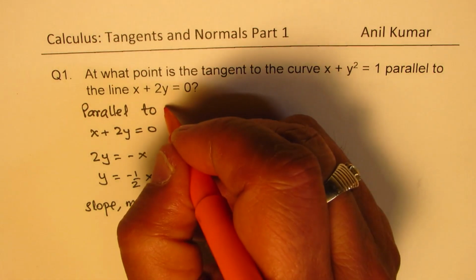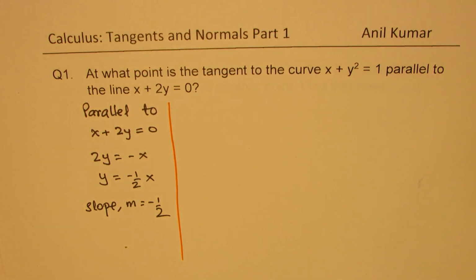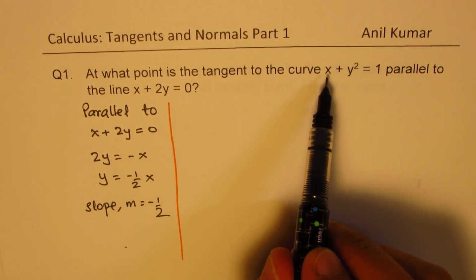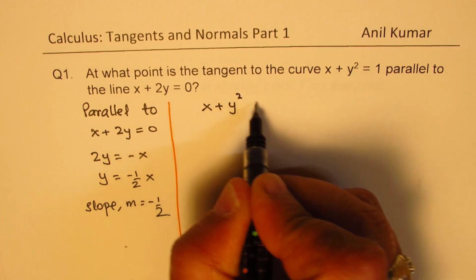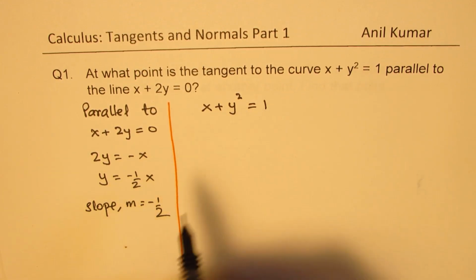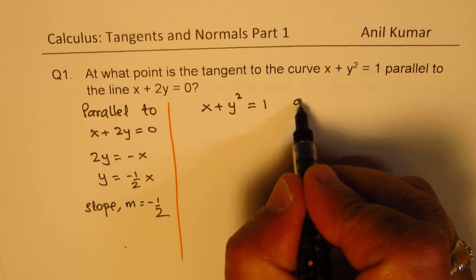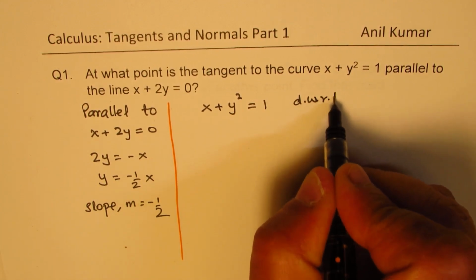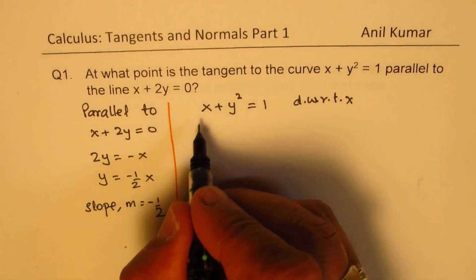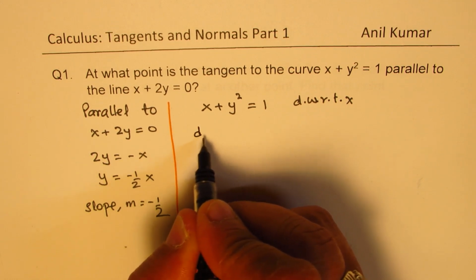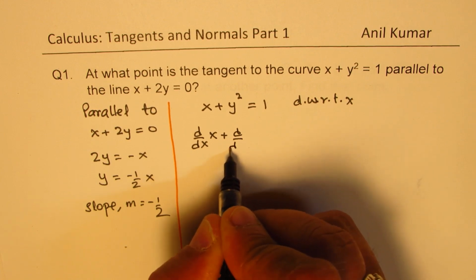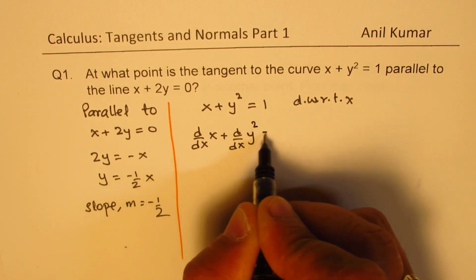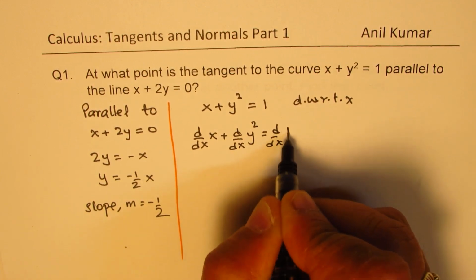Now let's find the derivative. We have x + y² = 1. We can do implicit differentiation, differentiating with respect to x on both sides. We get d/dx of x plus d/dx of y² equals d/dx of 1.